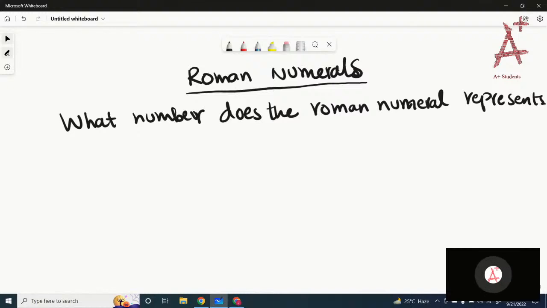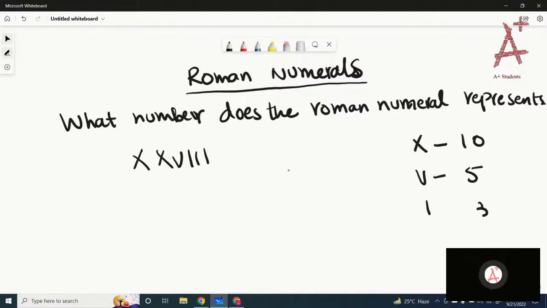Okay, the number is, so you just need to recall the Roman numerals. We know that in Roman, X represents 10, V represents 5, and I represents 1.